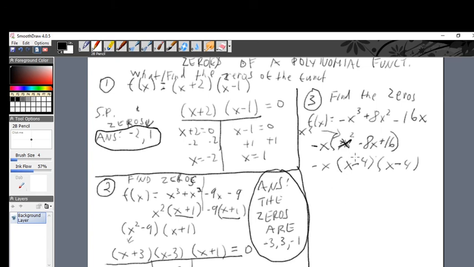Okay, we still got to get the zeros. Make this equal to 0. So that means minus x equals 0. If minus x equals 0, then x equals 0. All right, what about x minus 4 is equal to 0? That means x equals 4. Here are the 2 zeros. You don't do a repeat.